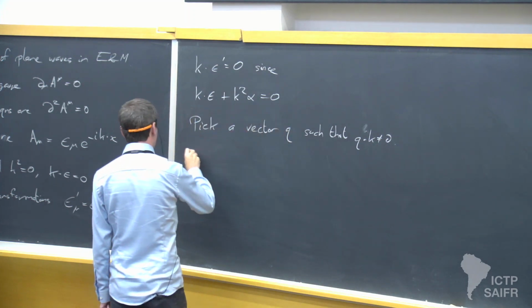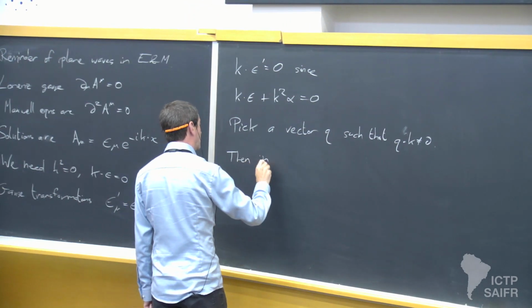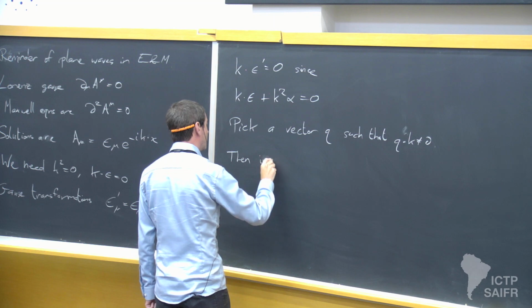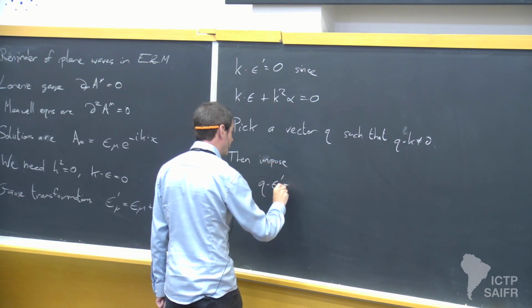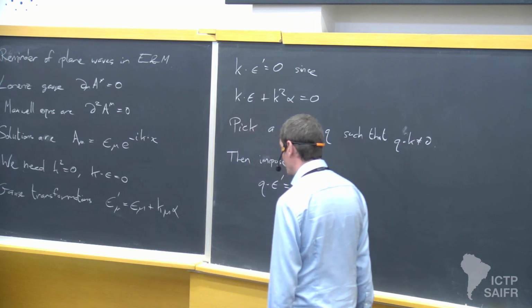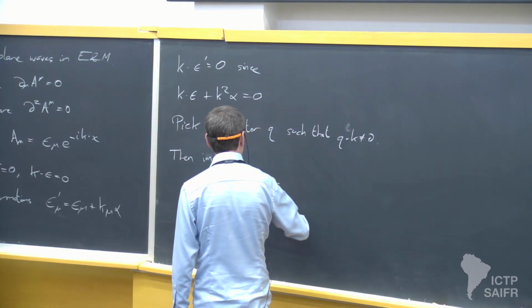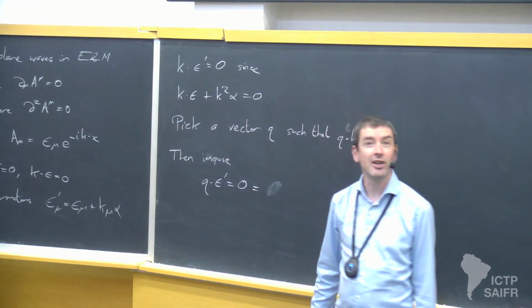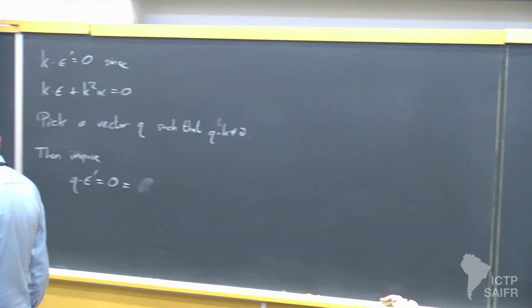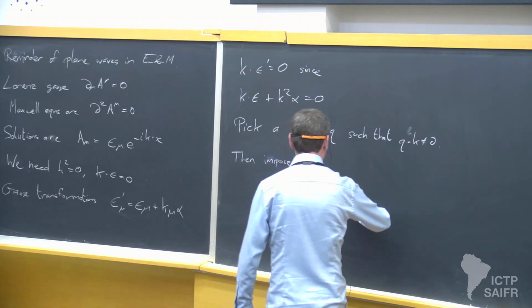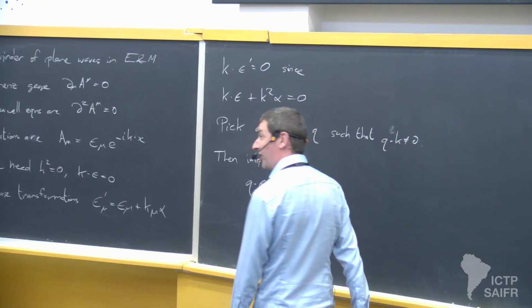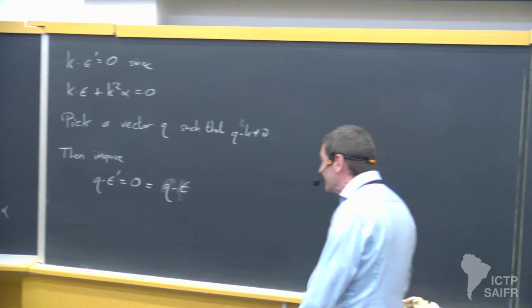And then I can impose q dot epsilon prime equals 0. There's always a solution, because if you give me, or maybe Radu, Radu isn't here, Radu gave me a really nasty gauge vector. It's just that kind of guy. He's not here.